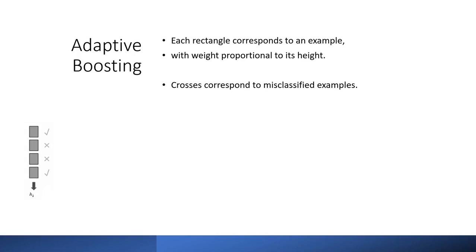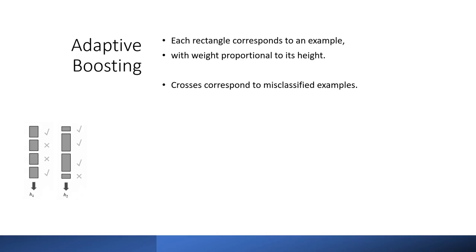So let's think about adaptive boosting as if every rectangle in this picture has a weight proportionate to the height. Okay, and so I have my next chance where you see that my first section is wrong.